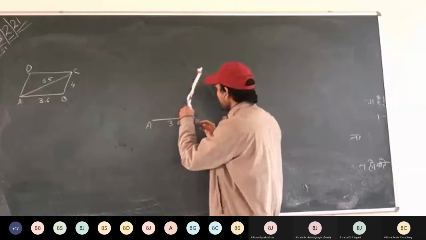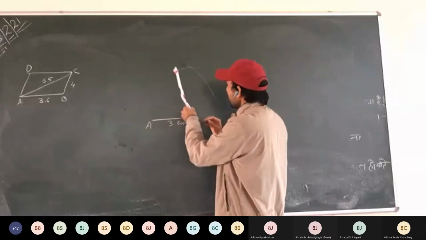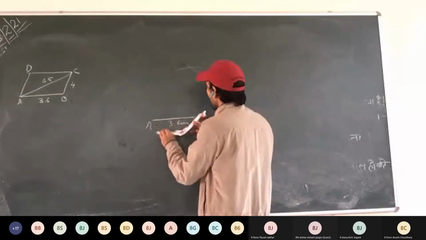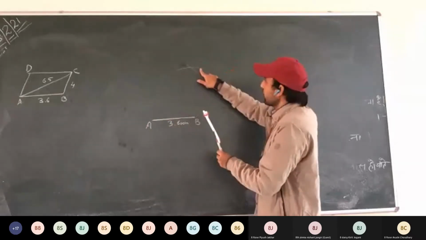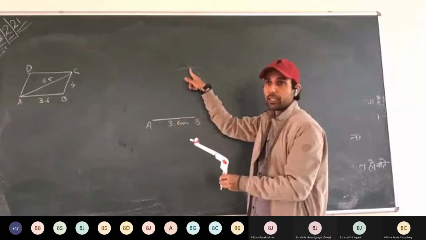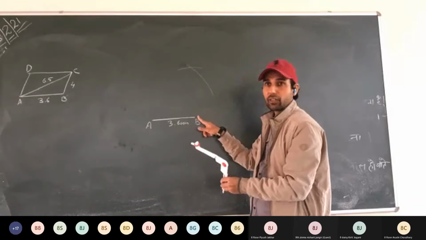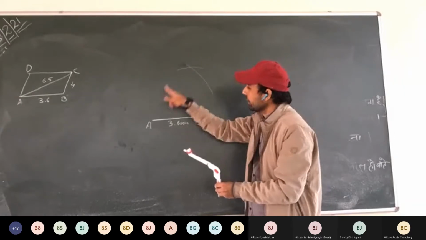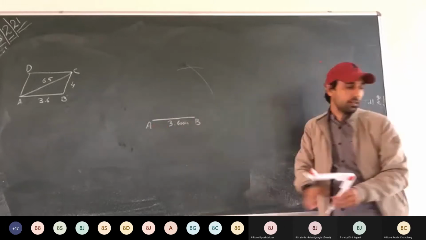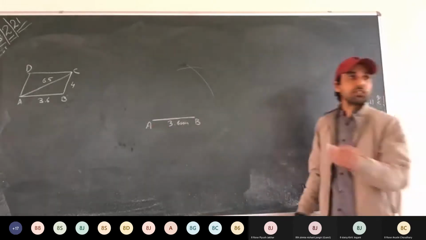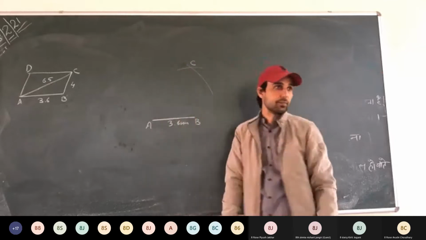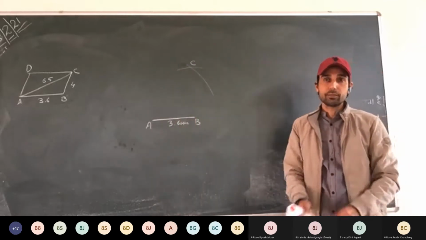In your scale, take 4 centimeters, cut an arc. Every point on this arc is 4 centimeters away from B. And wherever these two arcs meet, that point is 4 centimeters away from B and 6.5 centimeters away from A. Understood this one? So which vertex did we get? C.